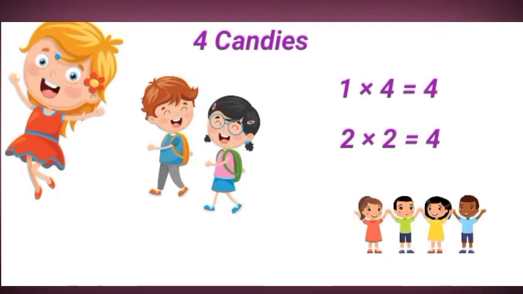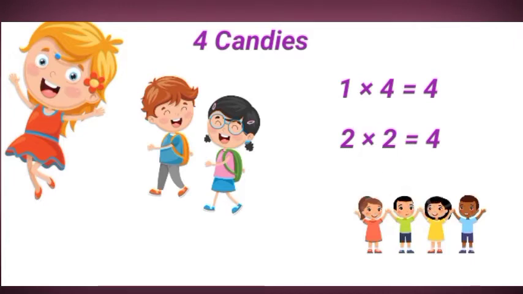So with the above situations, we have 2 multiplication facts. 1 multiplied by 4 is equal to 4. 2 multiplied by 2 is equal to 4. So we have 2 situations, and how many factors are there?